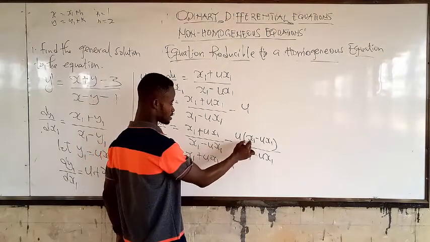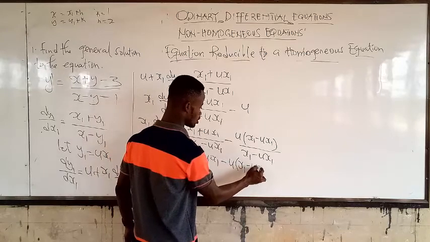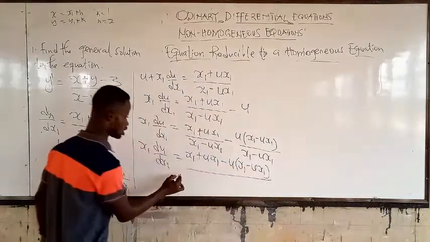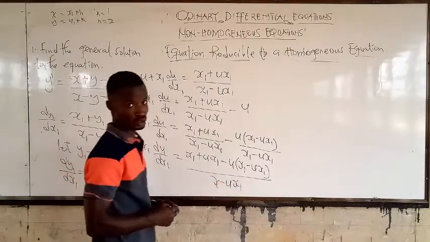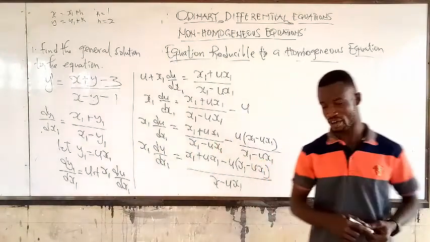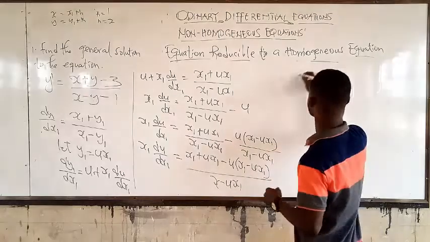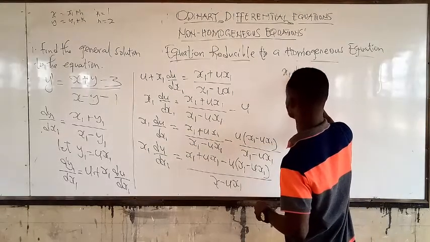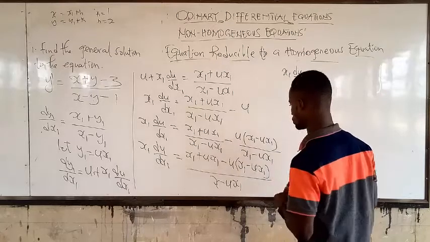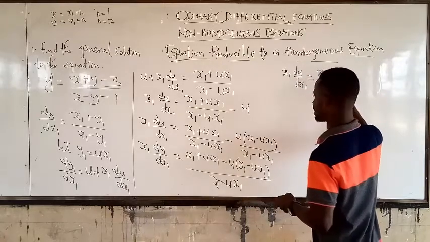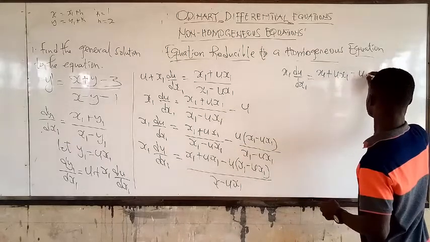Alright. So what we do here now is that we can combine this since we have achieved the same denominator. So x1 du dx1 is equal to x1 plus u x1 minus u. This multiply this. Or let me repeat that part. x1 minus u x1, all this is over x1 minus u x1. Hope you can see that. Very good. So here we get x1 du dx1 to be equal to x1 plus u x1 minus u x1.